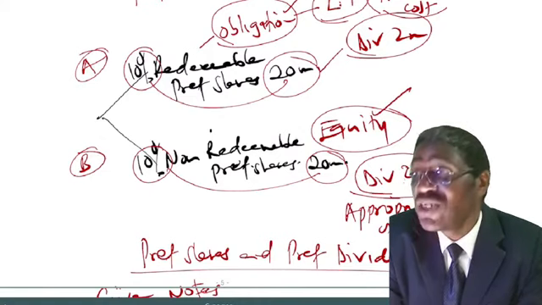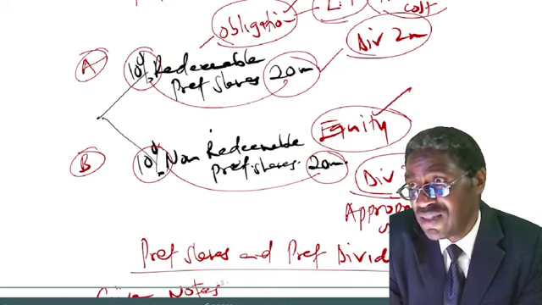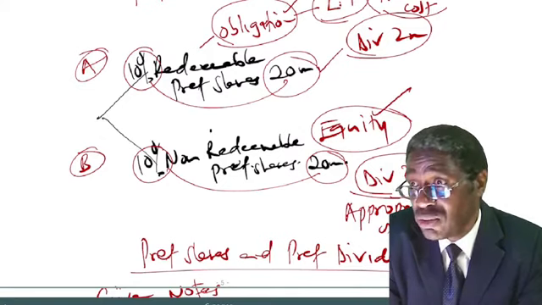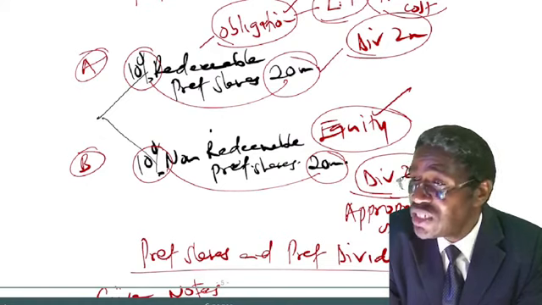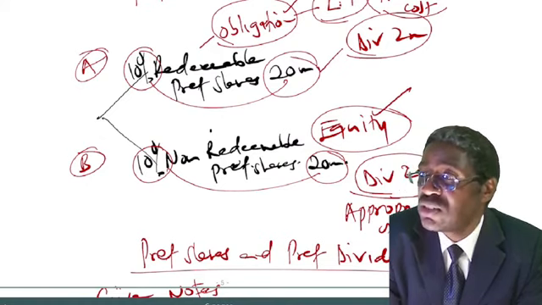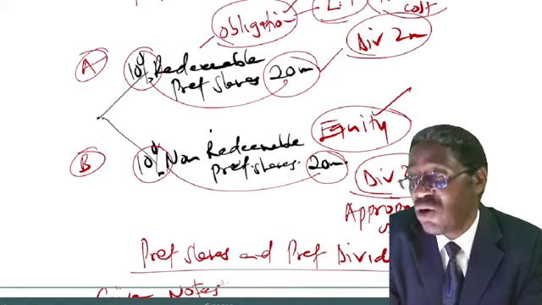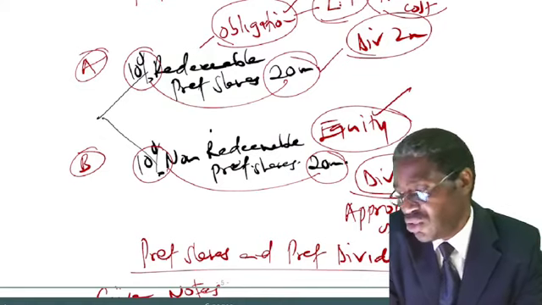When I was asking that, you said interest on redeemable, but we are not calling it interest. We are calling it dividend on redeemable. Good.